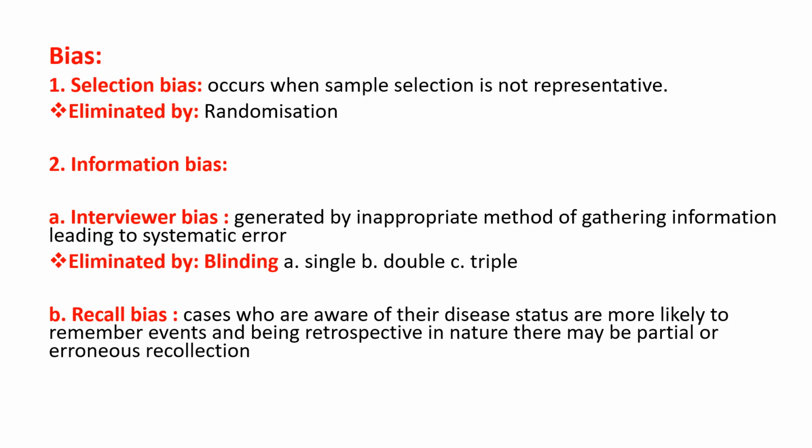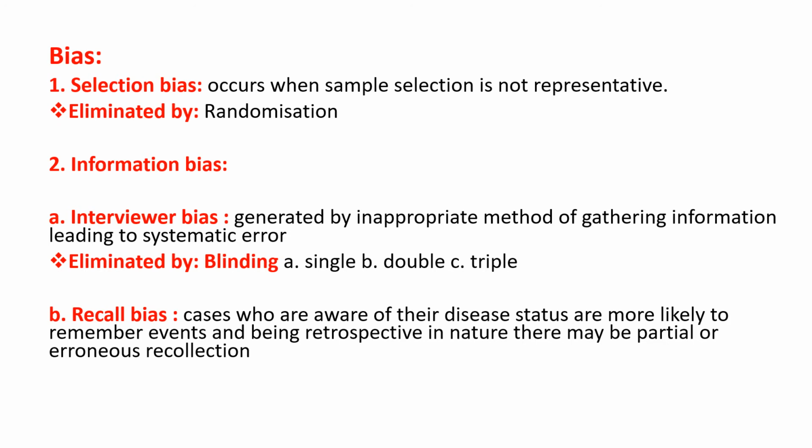Randomization is a process whereby each of these subjects has an equal chance of being selected. So when I do randomization in the situation we're discussing, every student has an equal chance of being selected into the study. Thereby I'm not being biased in selecting a particular few with whom I am familiar.